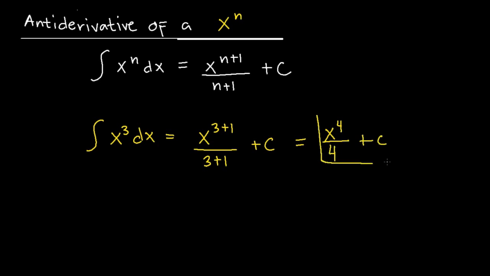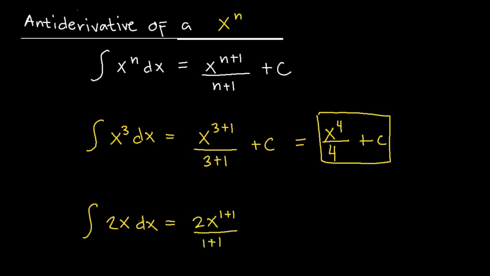So that is the antiderivative when the variable is raised to the power of a constant or number. Next example is the antiderivative of 2x. You know that the exponent here is 1. So 2x to the 1 plus 1 over 1 plus 1, because the exponent is 1, plus c.